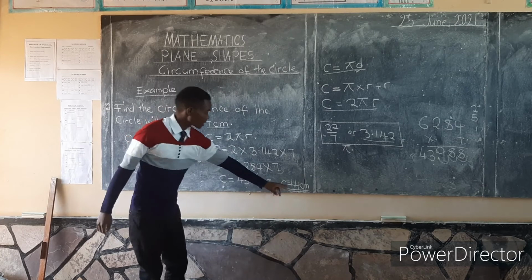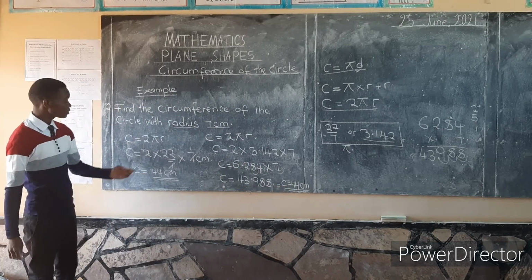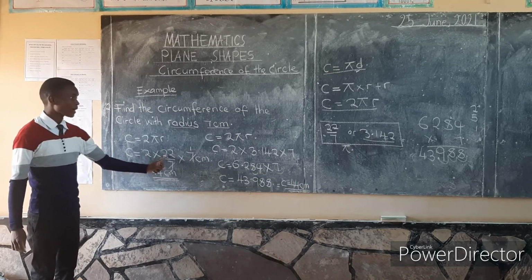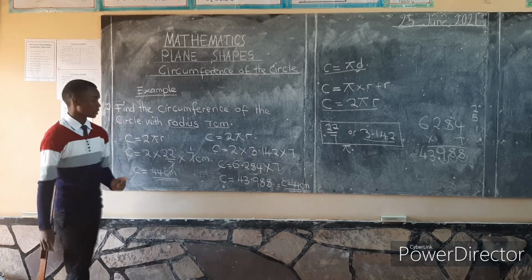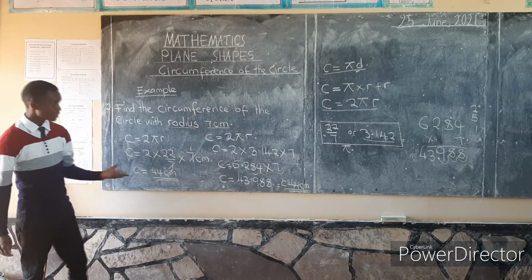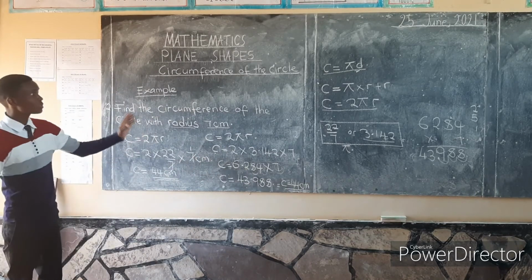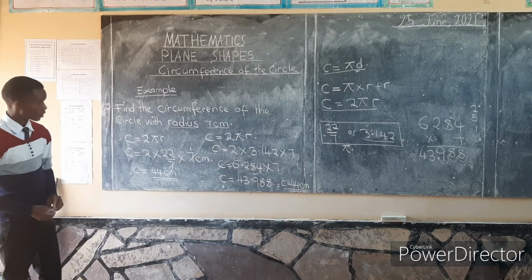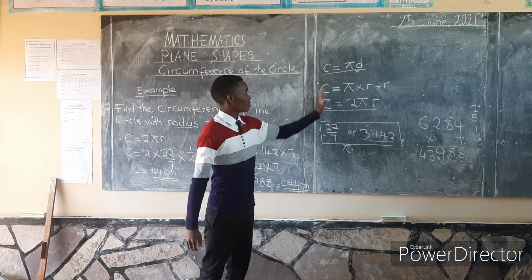So the same answer that is here, that's the same answer that we got here. So even if you use this one for pi or this one, the answer will still come out the same. So now, this is how you calculate circumference using these two methods, these two formulae.